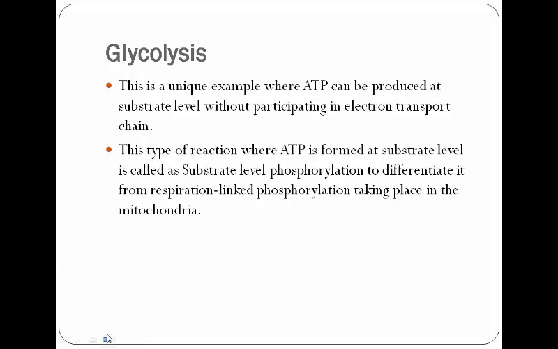In this type, ATP is formed at a substrate level, and that is why it is called substrate-level phosphorylation. It is the type of reaction where ATP formation does not involve the electron transport chain.